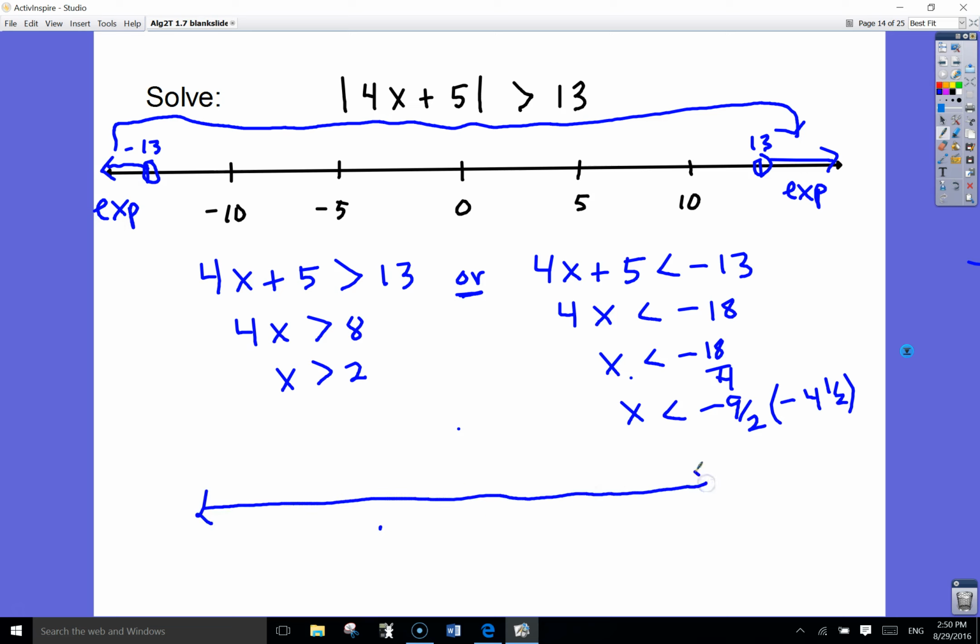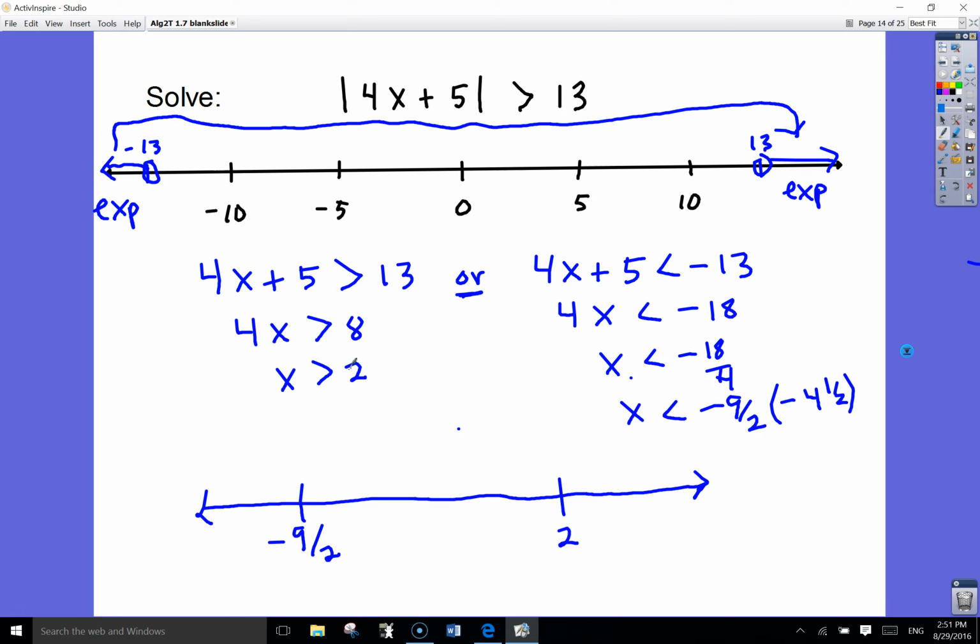For me, when you make these graphs, you only need two numbers. You're going to need the 2, and you're going to need the negative 9 halves. Make sure you have them in the correct relative positions. Negative 9 halves is less than 2, so I put it to the left. Okay, how do I graph x is greater than 2?